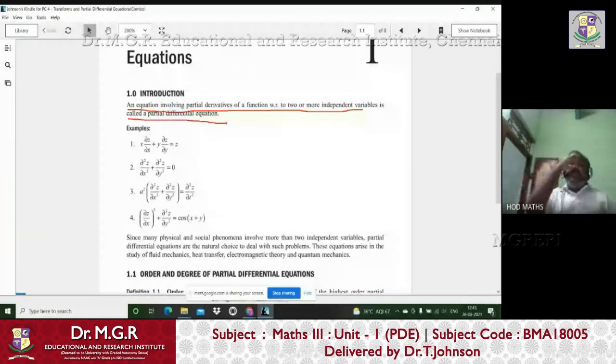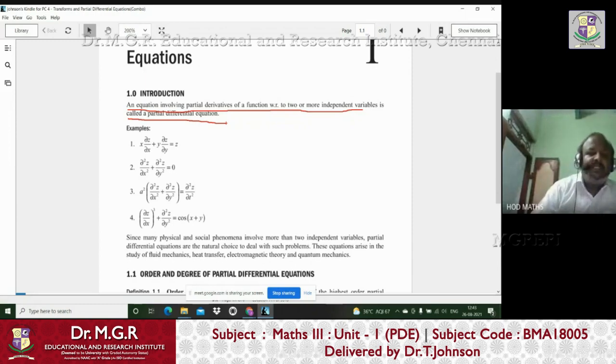So they simply tell in a single sentence what a partial differential equation is, but you know how much I explained to you about what a partial derivative is, and if you differentiate an ordinary equation it becomes a differential equation. So any equation containing a partial derivative is called a partial differential equation, right?